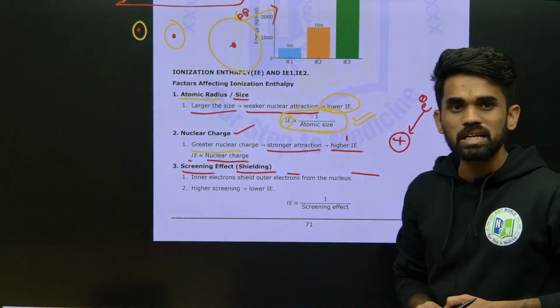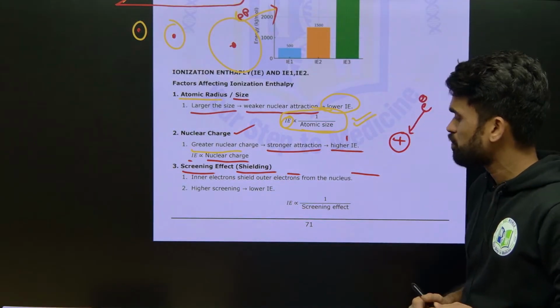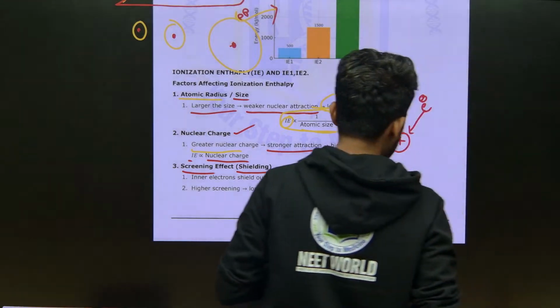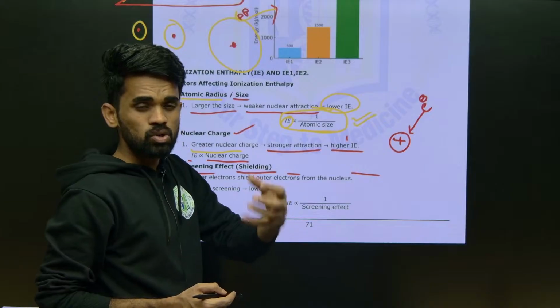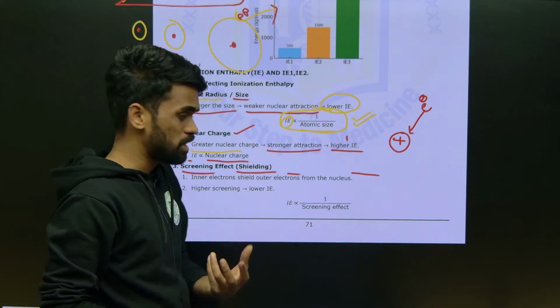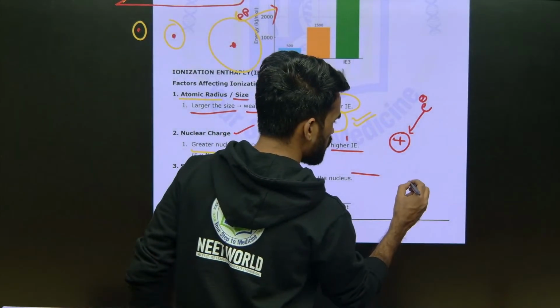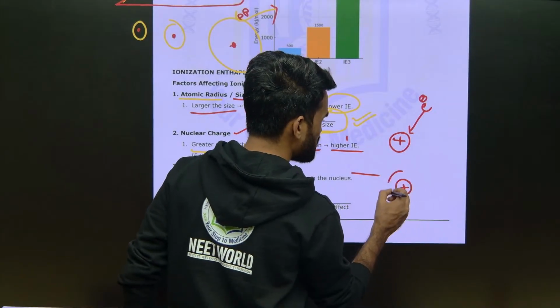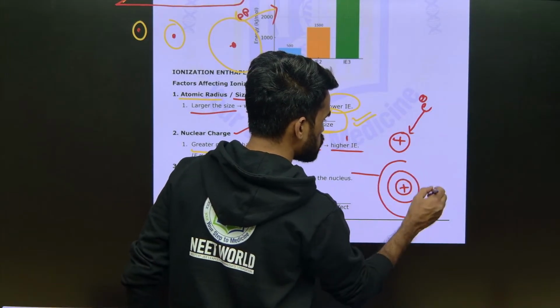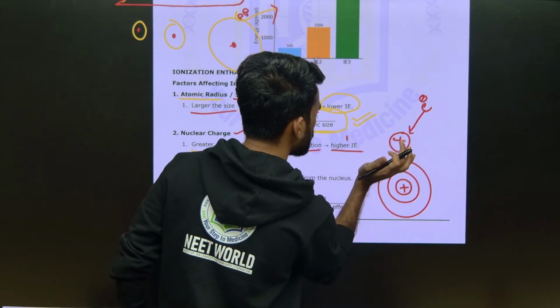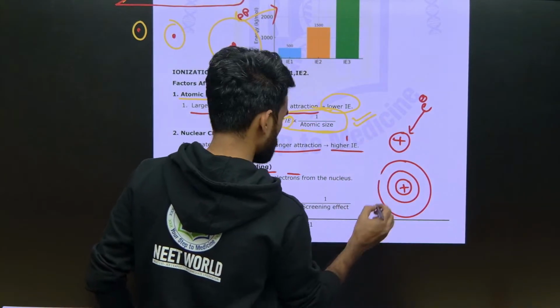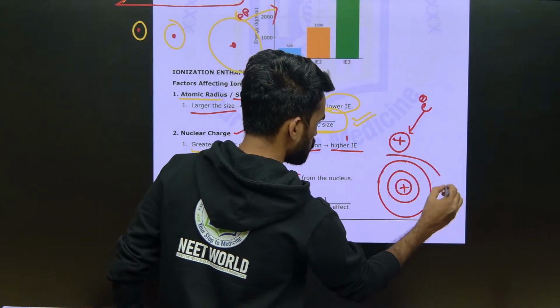What do we mean by screening effect or shielding effect? See, for example, we know down the group atomic number increases, so the number of protons is also increasing, as well as electrons in the valence shell. If you want to write this, just write it here like this.